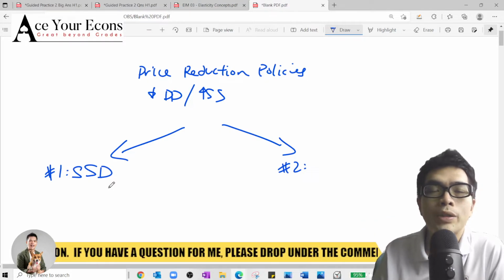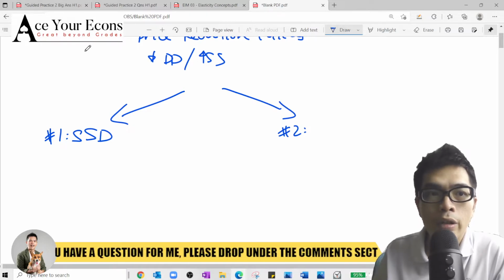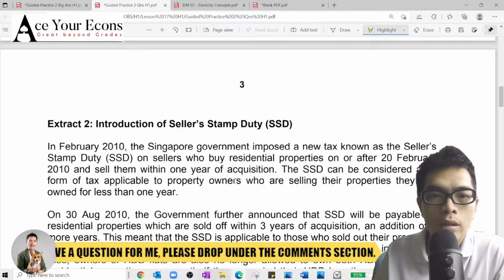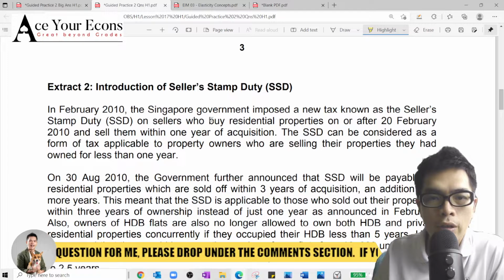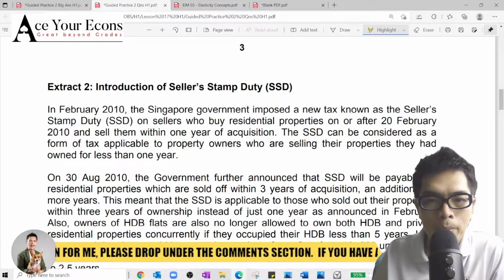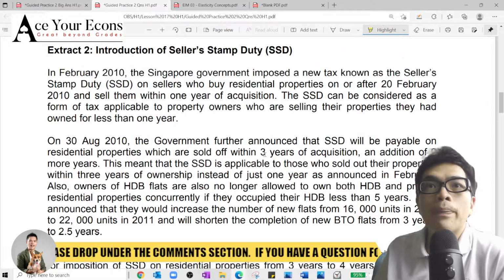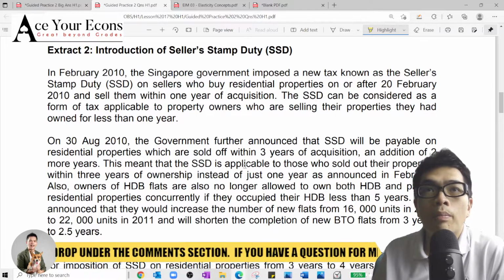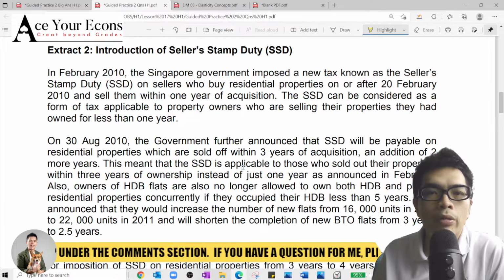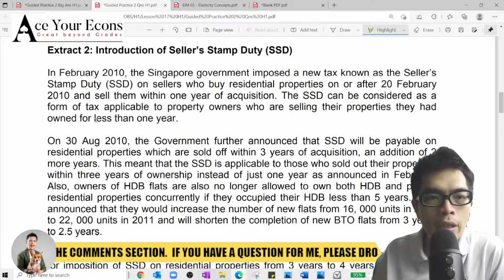So how does it work? Remember, a seller stamp duty is imposed to what? It is a new tax, a form of tax for property owners who sell their property within 1 year. So who are the people that are likely to buy and sell within a short time period? Why is it only 1 year?